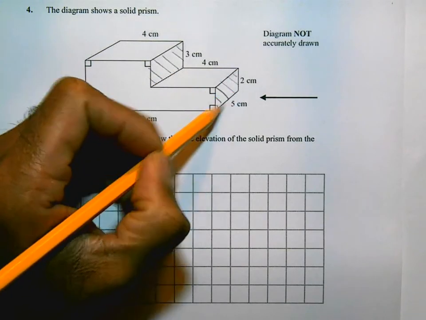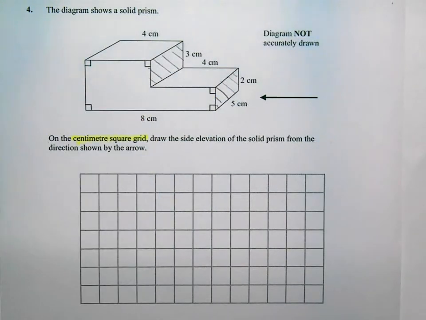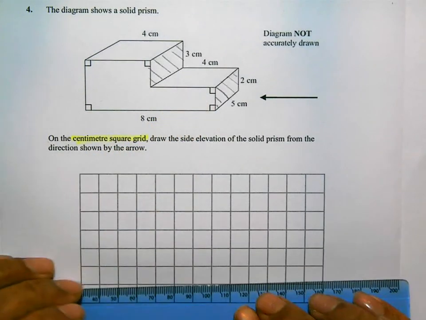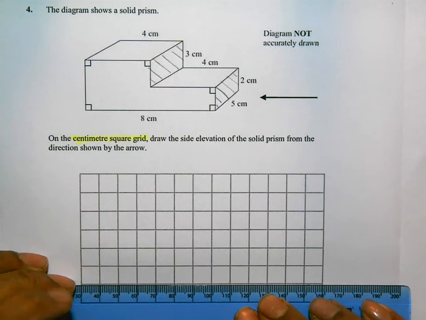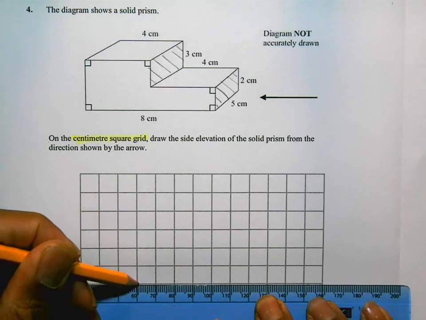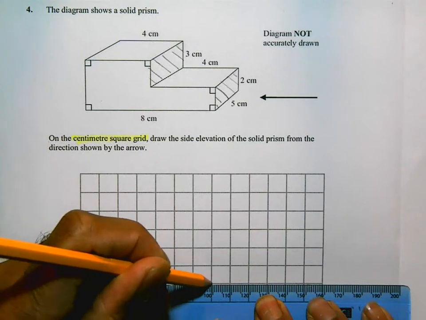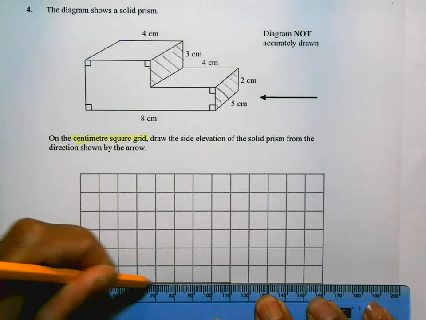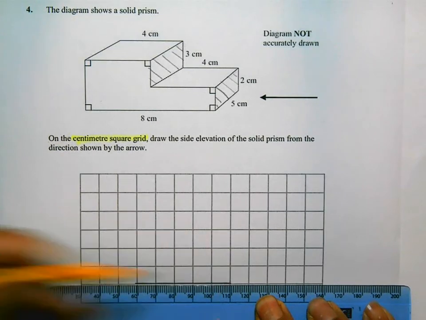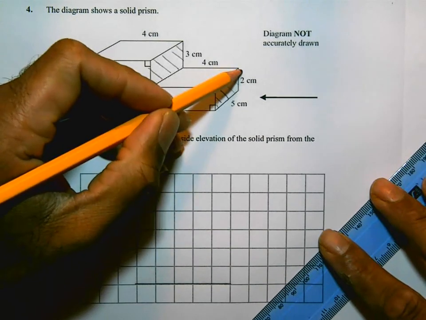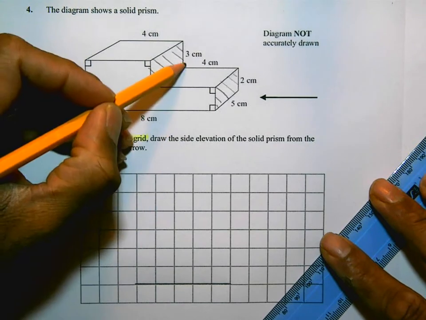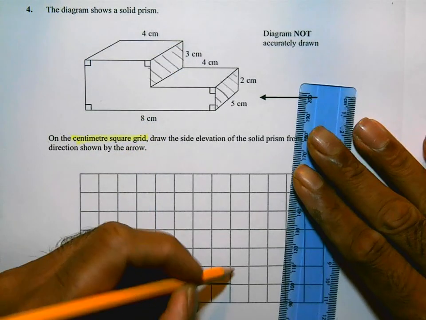So I'm going to draw these two rectangles on the centimeter square grid. This one here at the bottom is going to be 5 squares along, and make sure you don't make any careless errors in terms of counting. 1, 2, 3, 4, 5 squares along, and it's going to be 2 squares up for this rectangle, and then 3 more squares up for the other rectangle.